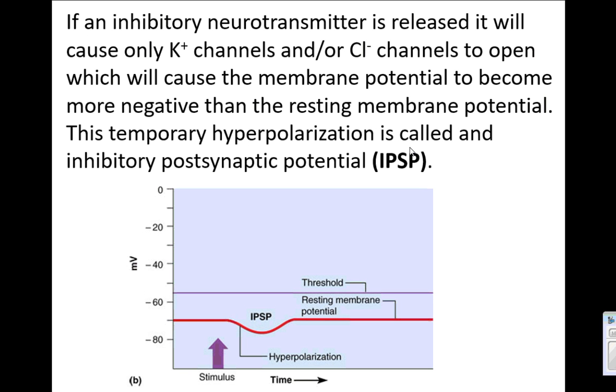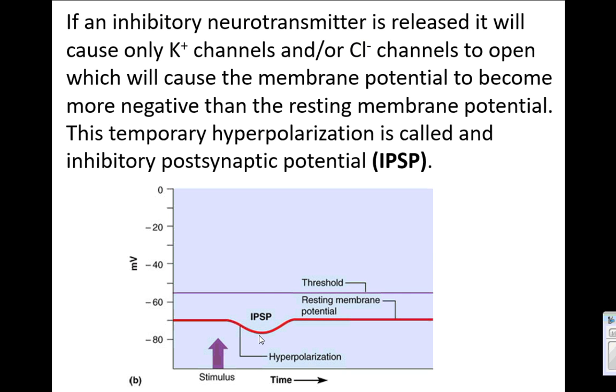There's also inhibitory neurotransmitters that make us go away from threshold. Okay. They cause things like potassium to rush out and or chloride to rush in. Well, if we lose potassium or we gain chloride, both of those are going to have the effect of making us become more negative.